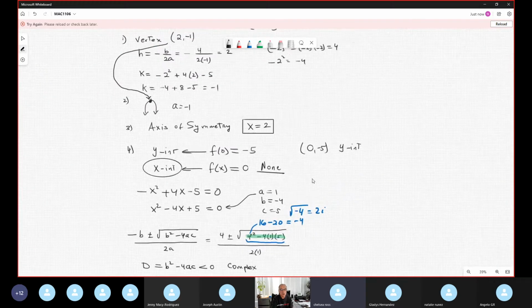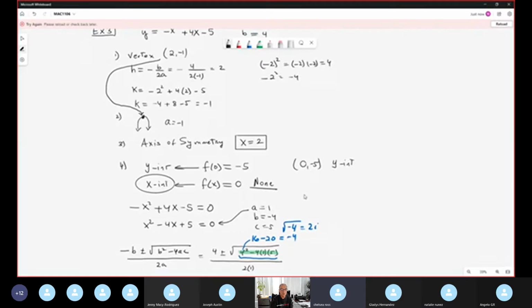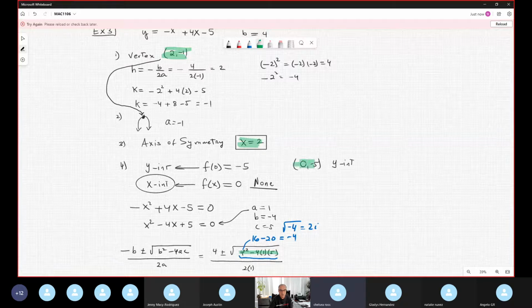So in this case, we do not have too many points. So we need to take advantage of the symmetry. Let me see. We have in my hand the vertex. Nice. I like that. We have a parabola opening down. The axis of symmetry is x equal to 2. We have the y-intercept. Only 1 point. 2 points we have. Wow. At least 3 is enough for the parabola: 1, 2, 3. 2 is not good.